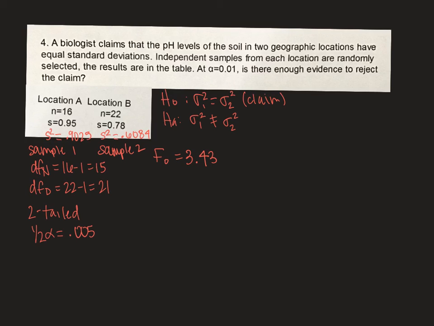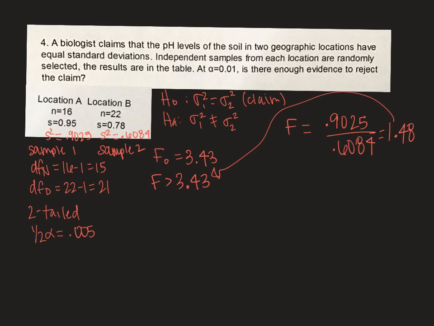And I still want to be greater than that because we always write that test statistic with the bigger variance in the numerator. So when I find my test statistic, 0.9025 over 0.6084, which gives me about 1.48, which is not greater than 3.43.